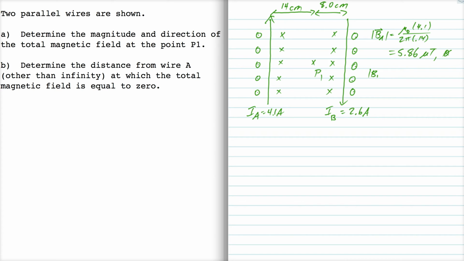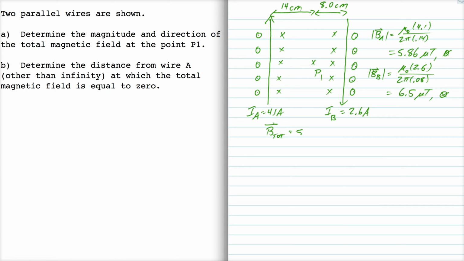And the magnetic field due to wire B will be mu naught times 2.6 over 2 pi times 0.08, and that is 6.5 microtesla into the page. So the total magnetic field at point P is, we just have to add them together.